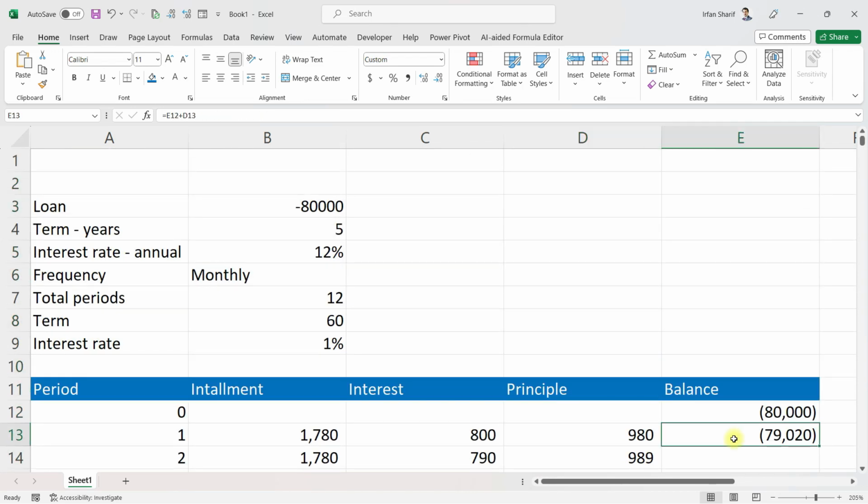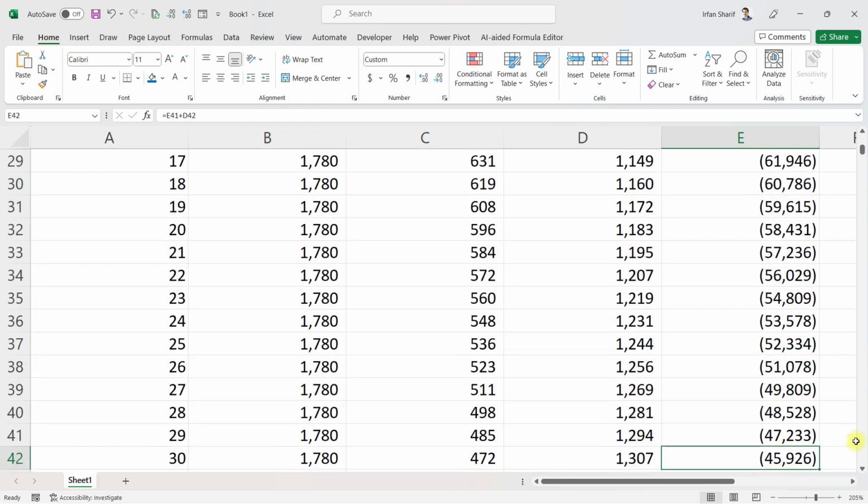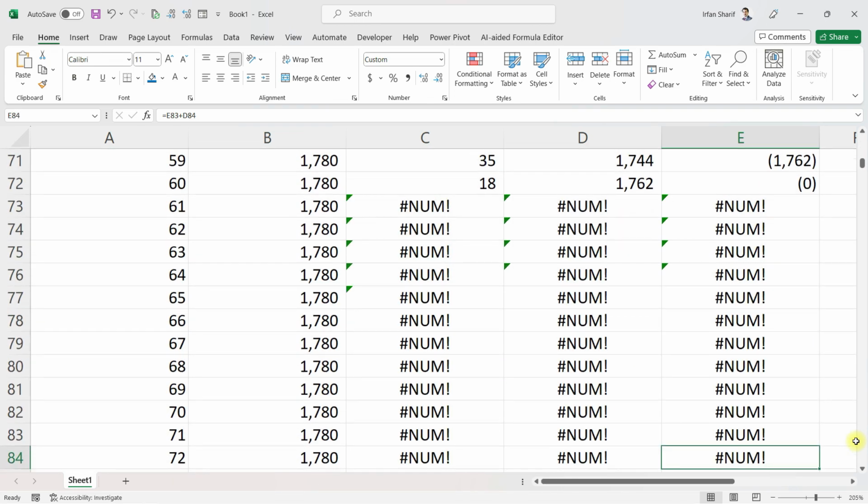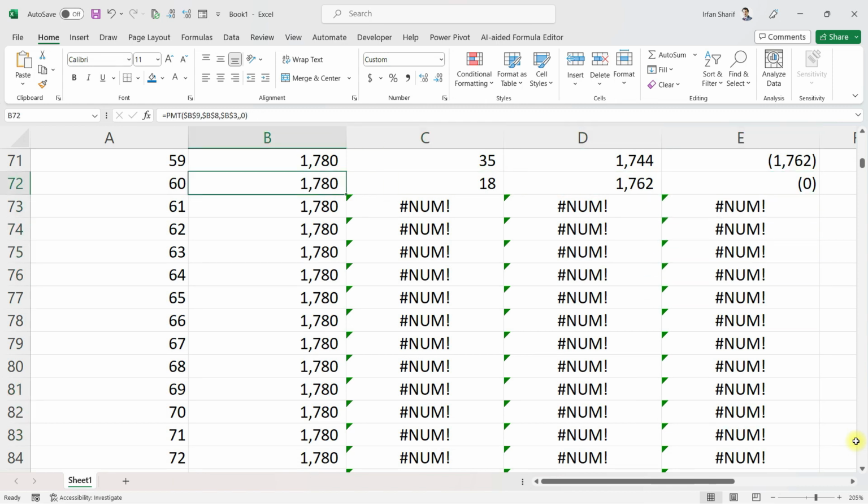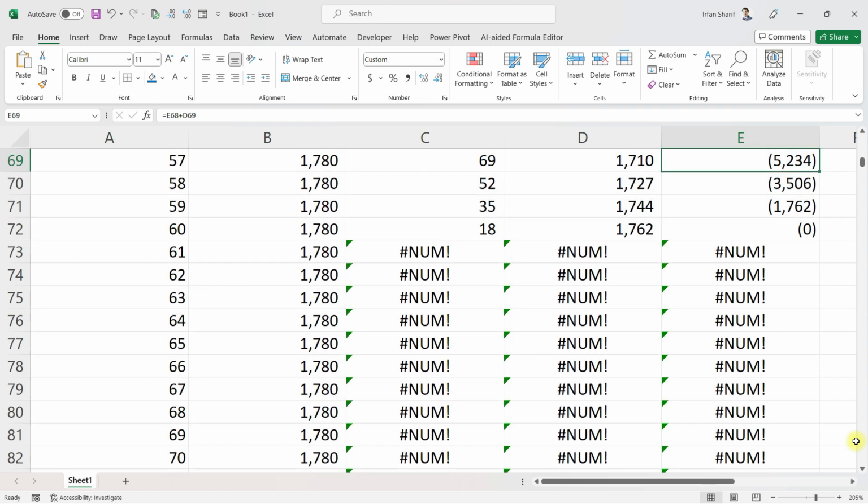For that, all I need to do is just to double click here to copy paste this to all the cells below, and you can see that every time I'm making the installment, my loan amount is decreasing, and in period number 60 it has become 0.